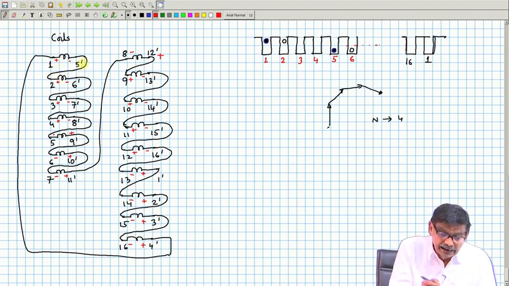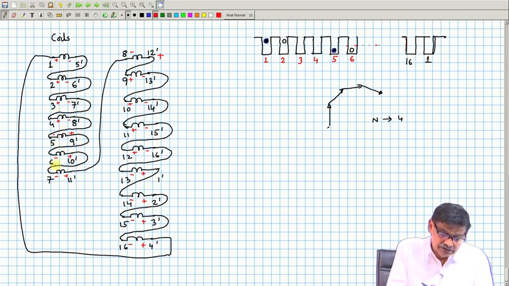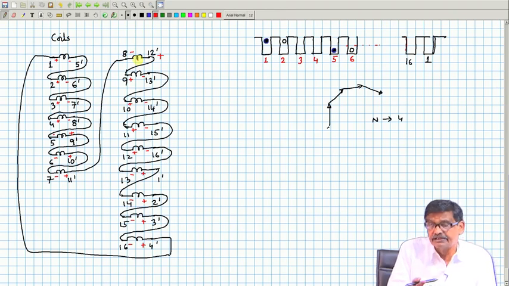Then about 5 dash, 6 dash, 7 dash, 8 dash, I am certain they have to be minus, because they must be under the south pole, since the coil span is 180° electrical. Then the next 4 slots will be under the influence of the south pole, the direction of rotation remains the same, so the polarity of the induced voltage reverses, and so on.